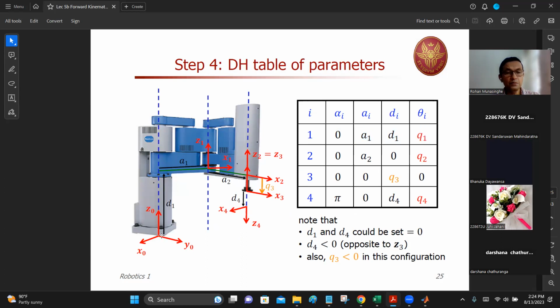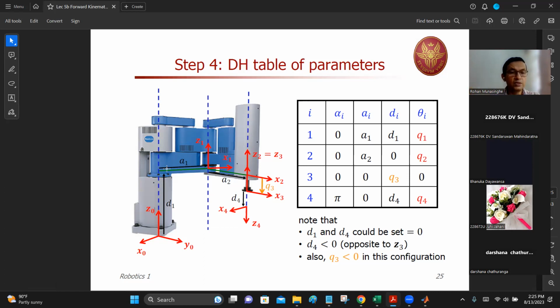The first thing is that you have to move x0 to x1 along z0, along this z axis. Eventually, we want to move x0, y0, z0, the 0th frame, and coincide it with x1, y1, z1, the first frame. So how do we do that, from the 0th frame to the first frame?